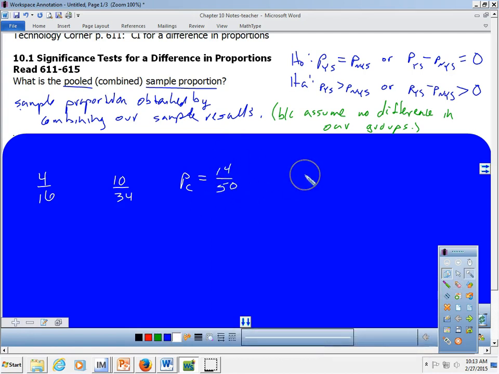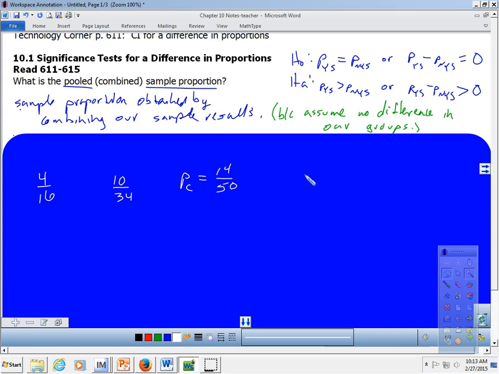Now, why do we do that? Well, it's pretty simple, right? If we're assuming there's no difference in our population, then what do we know? We know that more information is better, right? So if we're assuming there's no difference in the proportion, then why don't we just combine our results, right? Because then we get more information that way. Instead of looking at each piece of information individually, if we combine them, then larger sample size always indicates more information and a better idea of what's going on.